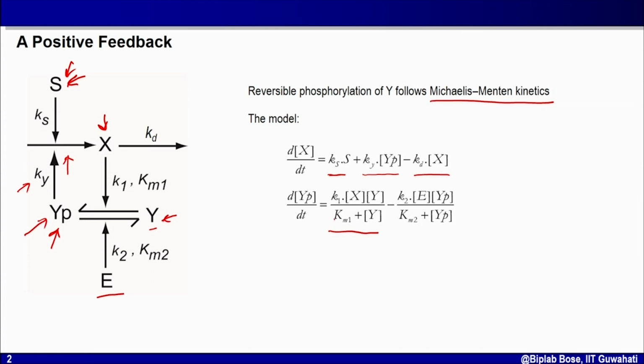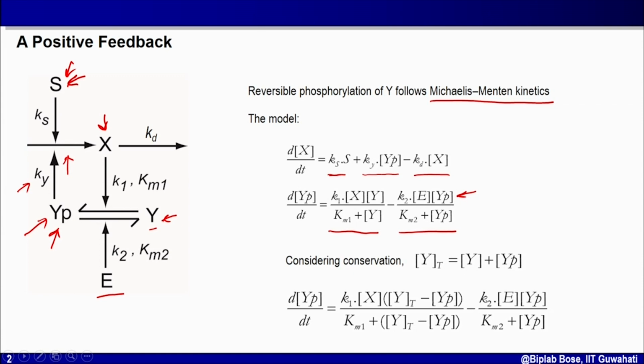So I have K1 into X into Y divided by Km1, the Michaelis-Menten constant for this phosphorylation reaction, plus Y, the substrate, minus the second Michaelis-Menten reaction, that is the reverse reaction from YP to Y, that is K2 into E. E is the phosphatase, or enzyme, involved here.